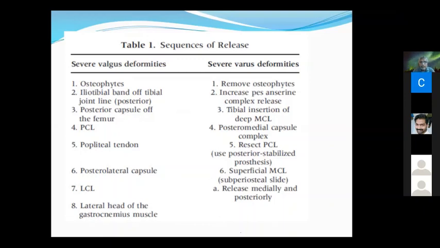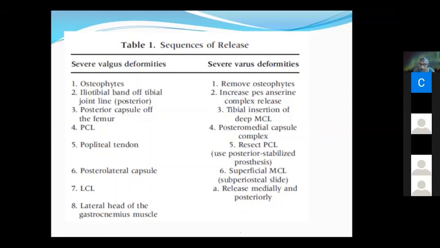The next question is, you probably have had a peek at it. What are the bony cuts in a TKR? There are 7 bony cuts. Can anyone name them? Distal femur cuts. Distal femur, yes.